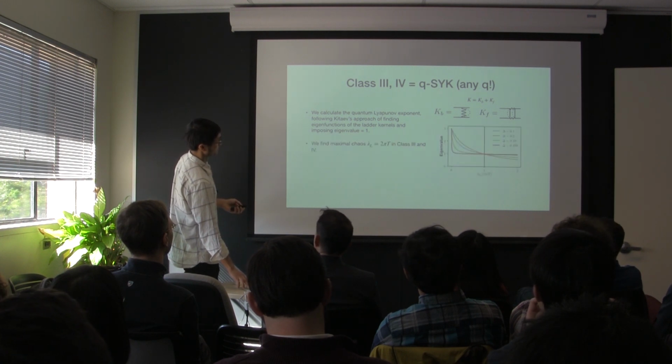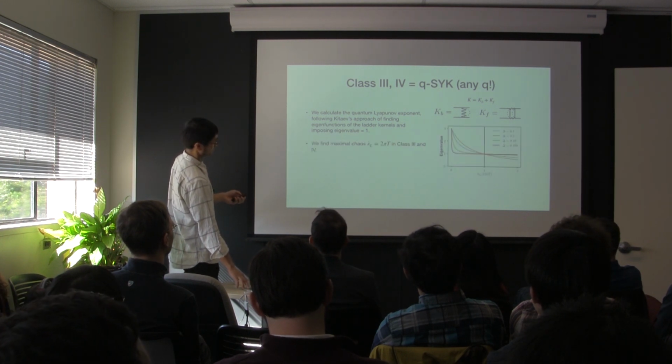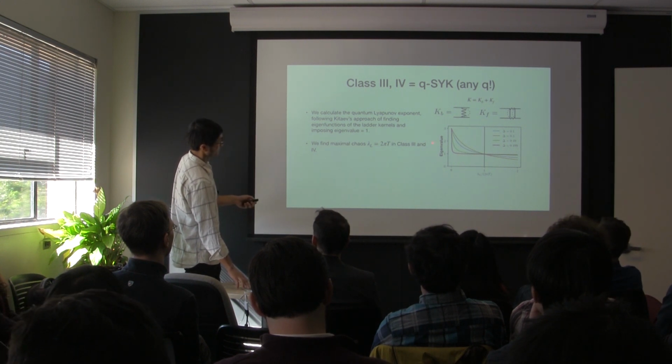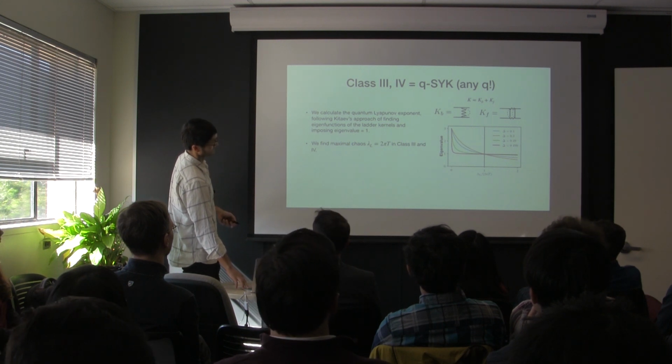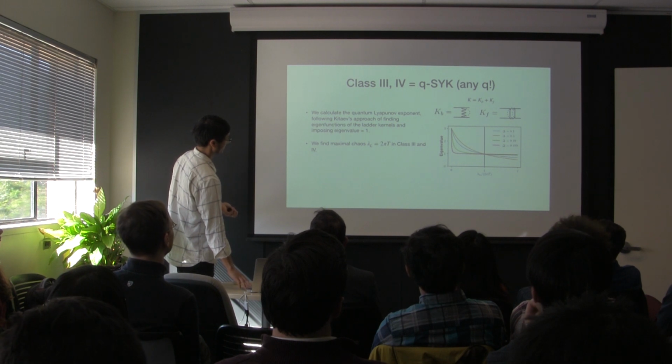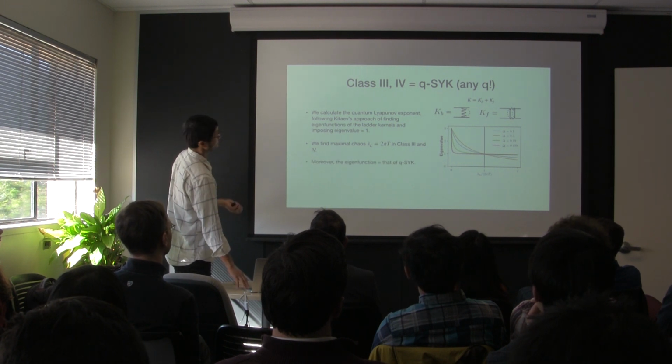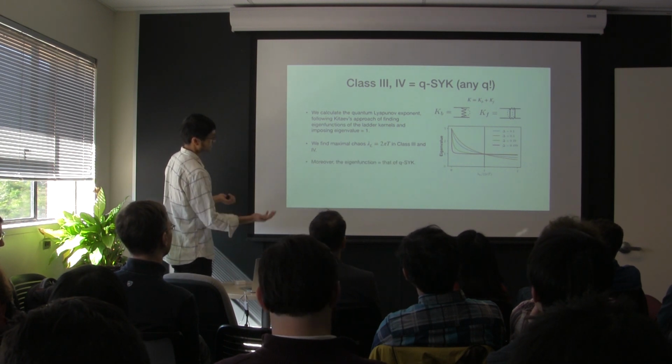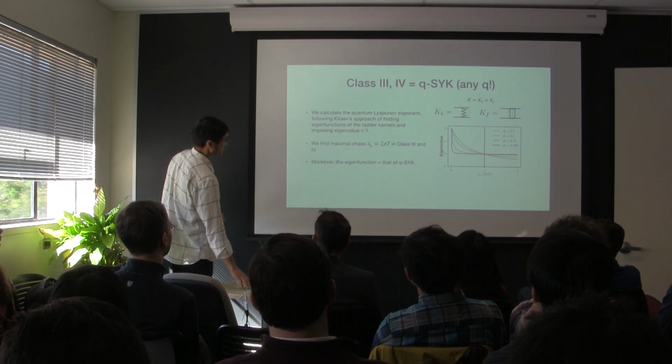We look at ladder diagrams and we look at their eigenfunctions and eigenvalues, and we find that the eigenvalue of the ladder diagram is 1 exactly when lambda L is 2 pi T. So it's maximally chaotic, like in SYK. And the eigenfunction is also basically the same as in SYK.